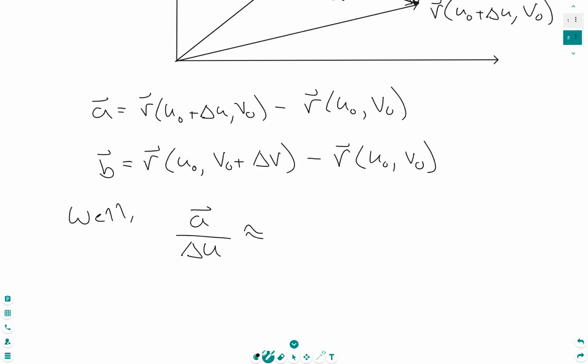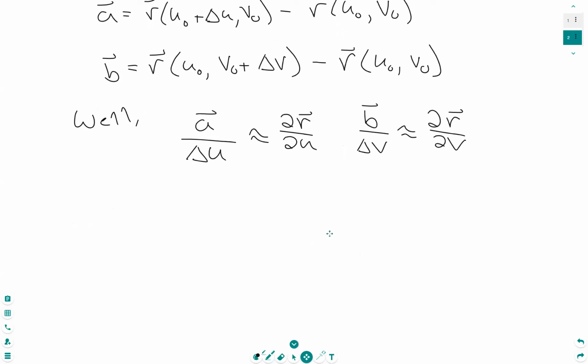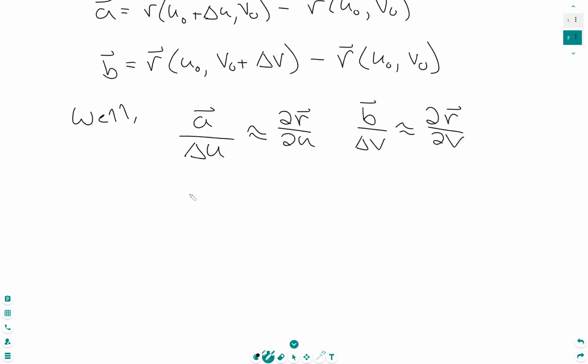So let's actually write it with partials, so as not to get confused. If I have B divided by some change in v, this is approximately how R changes with respect to v. But remember that the partial u derivative of R is G_u, H_u.